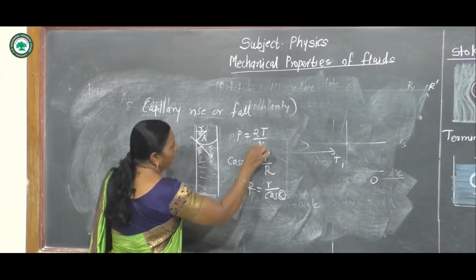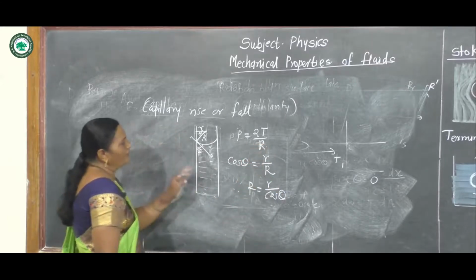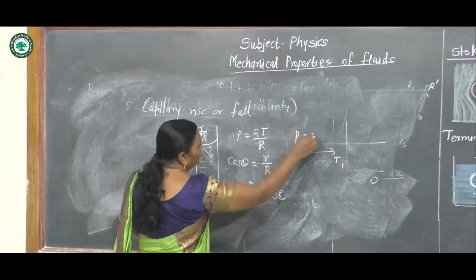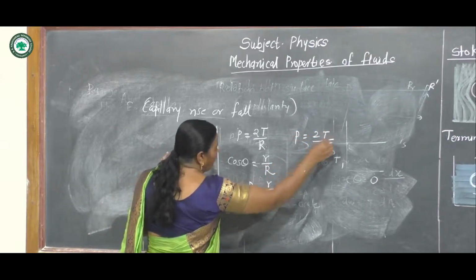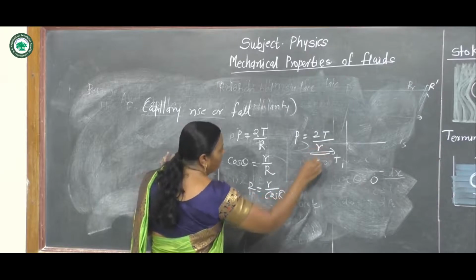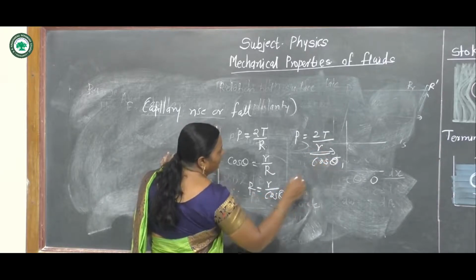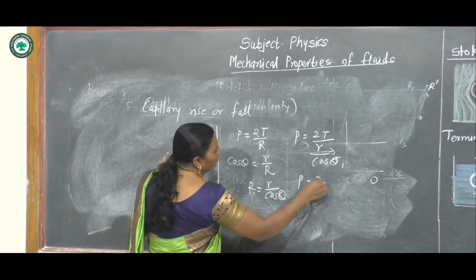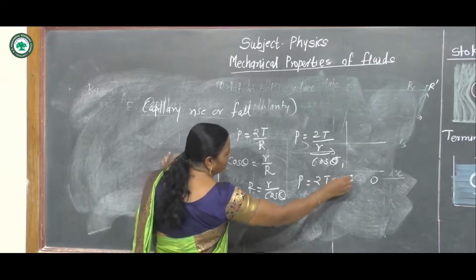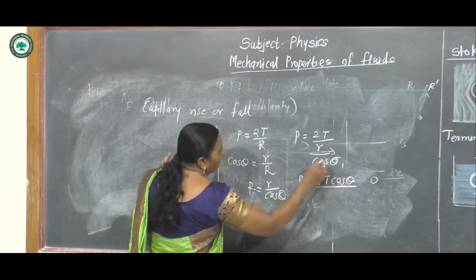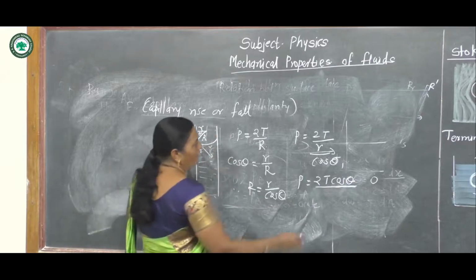Substitute the value of R here: P is equal to 2T cos theta divided by r.